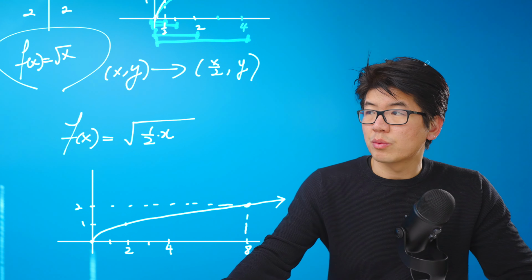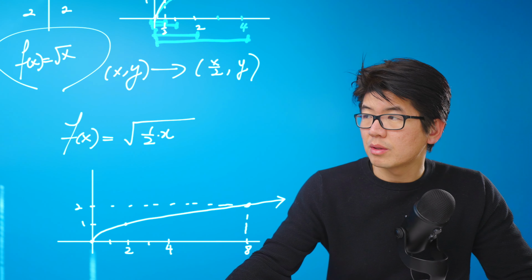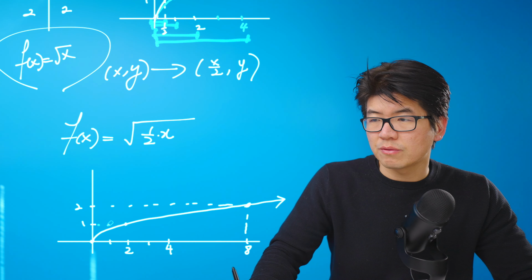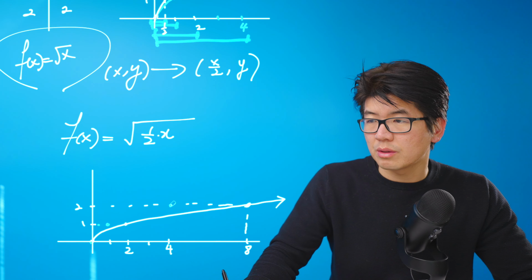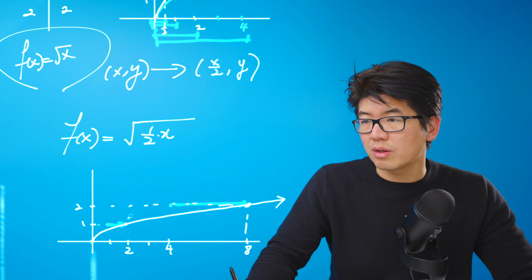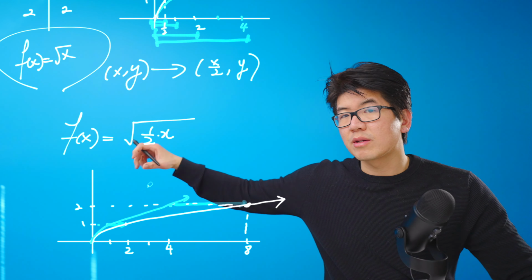So what's happening compared to the original function? Can you already see it looks horizontally stretched? Here's the original function. At 4, it's 2, right? So this point moved there, this point moved there. It's like all the points being dragged to the right.